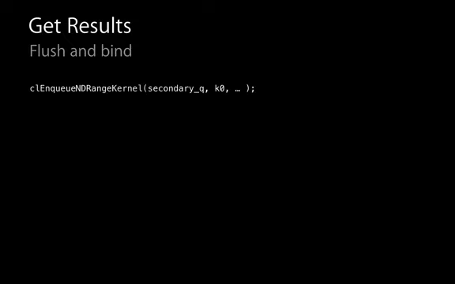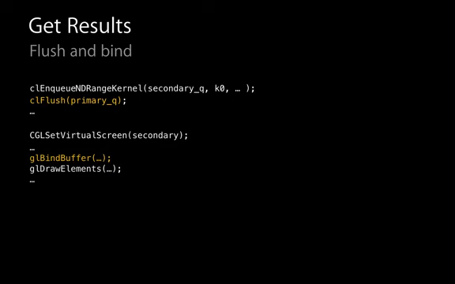What that means is that after you enqueue the work that's producing the texture, or maybe some geometry, you always have to make sure that you flush it. You flush that command queue, or you flush before switching virtual screens. Then when you switch to the other API or to the other context, you have to make sure that you rebind any objects that were modified, in this case, by OpenCL.